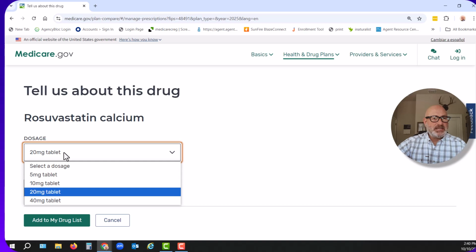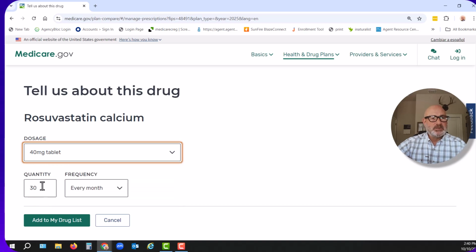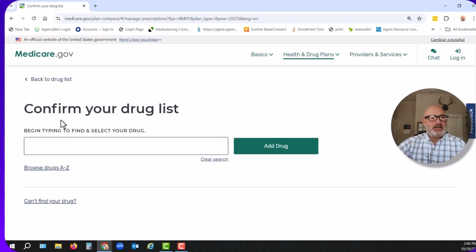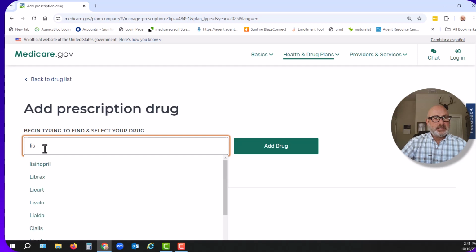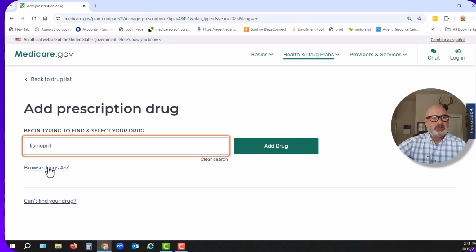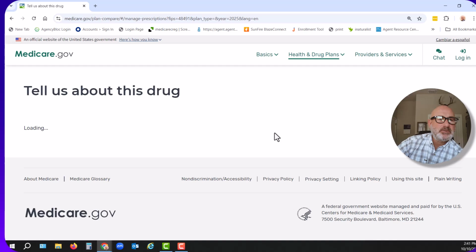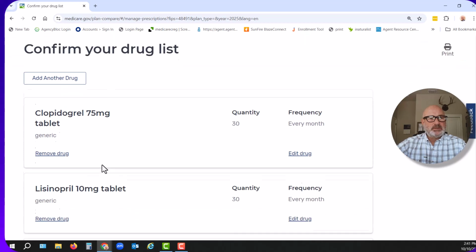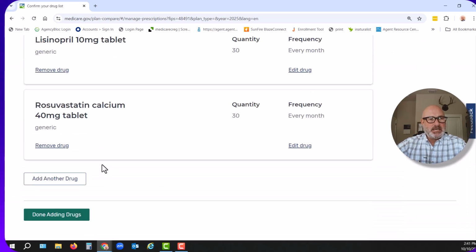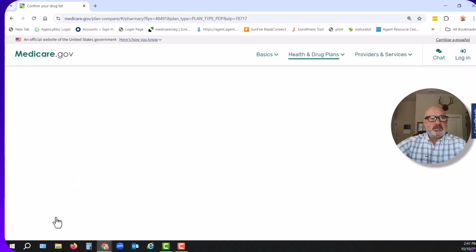But you can change these because I take 40 milligrams, one a day, that's 30. Awesome. Let's just add another prescription here. Add prescription. Okay. And that's correct, 30. Add to my prescription drugs. Okay, I'm done. That's it. I'm good. Done adding my drugs.